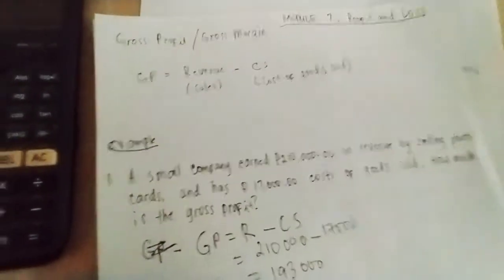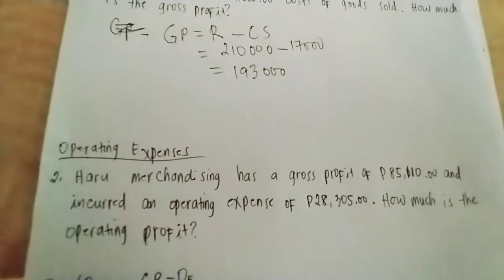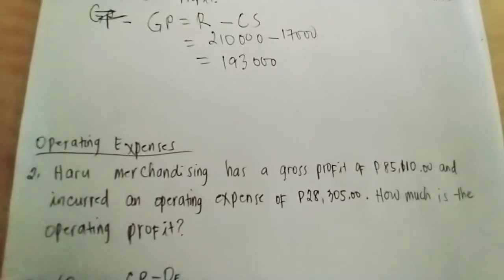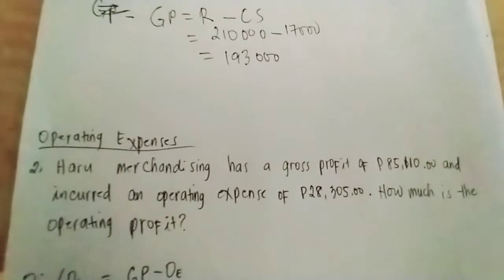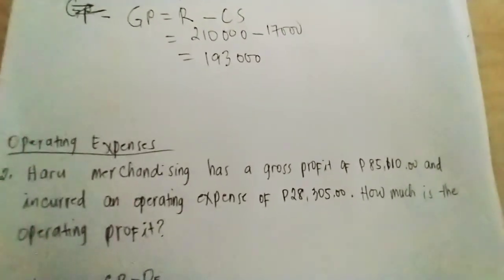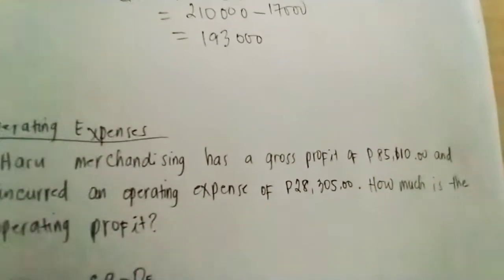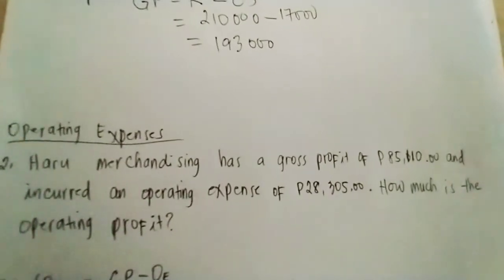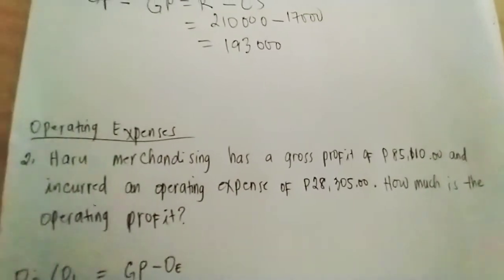And number 2, operating expenses. So what are the operating expenses? So the operating expenses, those are such as transportation fee, yung merong delivery fee or shipping fee, yung merong interest charge, yung merong sa mga service fee, o kaya naman yung mga utility expenses such as electricity, water consumption, internet bill, packaging, employee salary, yun yung mga expenses yun.